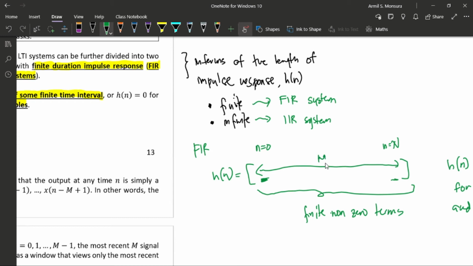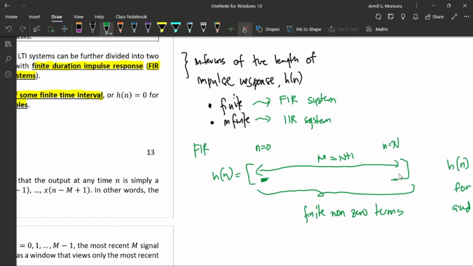So, the length here is m, which is actually n plus 1 dun sa una kong ginamit na numbering system, na counting ng number of terms. So, the length of this h of n is actually m, which is n plus 1 if it starts from 0 and ends with n. So, yun yung number of terms ng h of n.